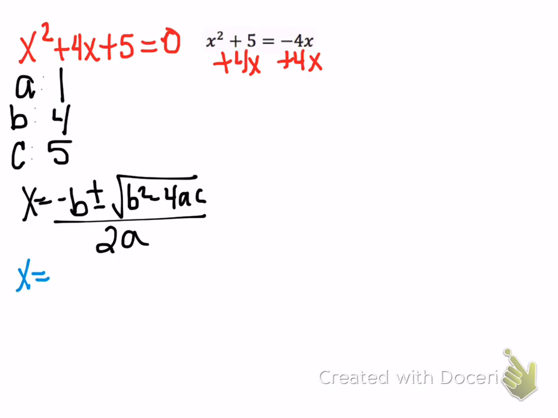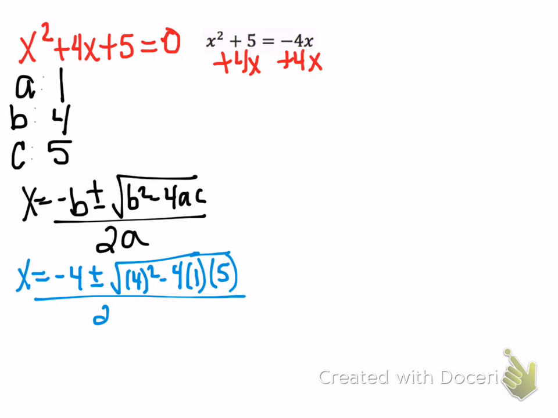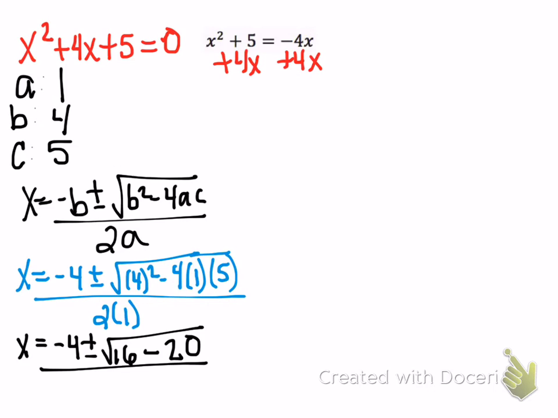So X equals the opposite of 4 plus or minus the square root of 4 squared minus 4 times A times C all over 2 times A. I'm going to go ahead and start simplifying now. So X equals negative 4 plus or minus the square root of 16 minus 4 times 1 is 4 times 5 is 20 divided by 2.